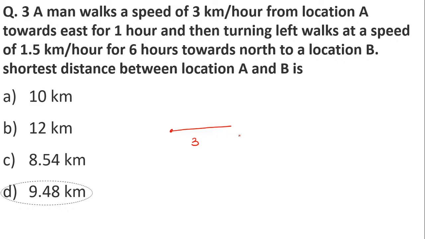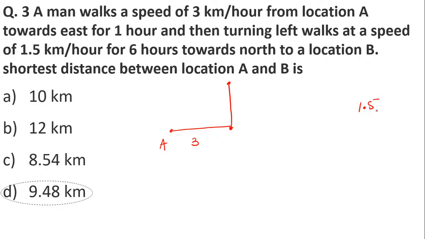This is 3 kilometers, and then turning left walks at a speed of 1.5 kilometers. He comes here and then turns towards the north and walks how many kilometers?